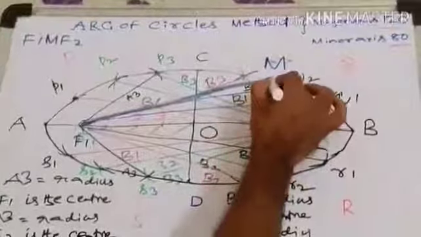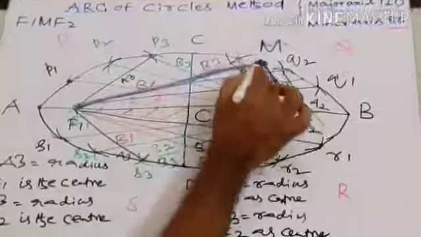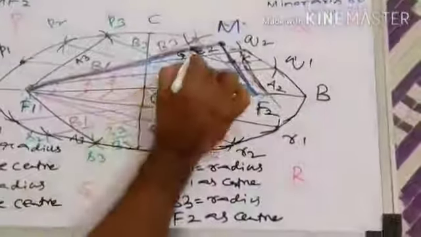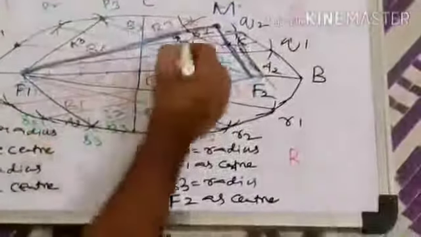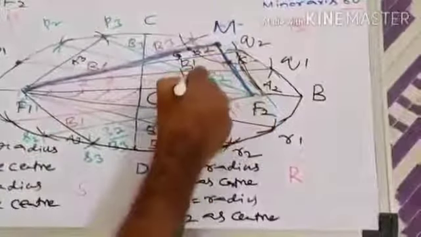Some convenient radius from M, draw one considerable radius. These are the concerned points on F1M, F2M. I am choosing these points Z and K. So again, this considerable radius is going to be used. Z is a center, another arc, K is a center, another arc.